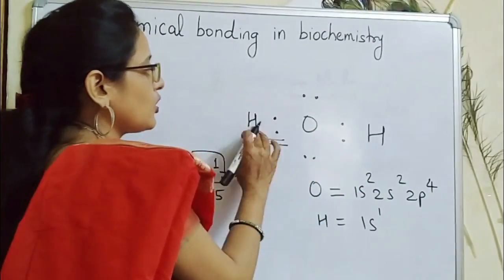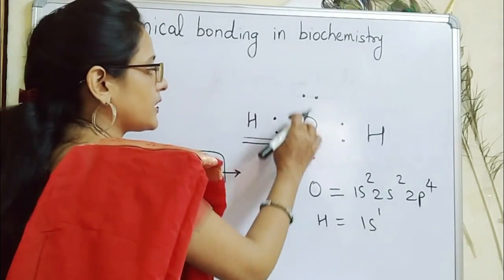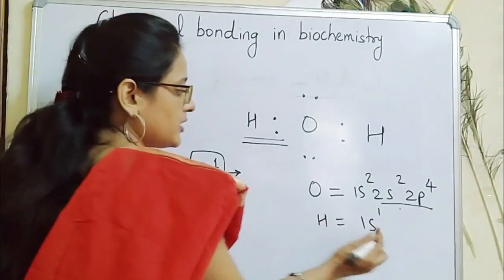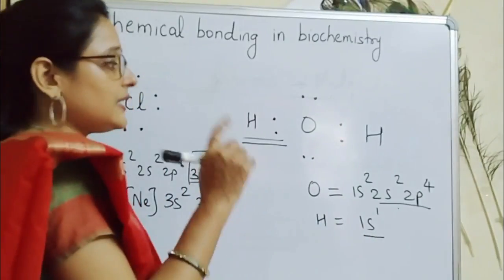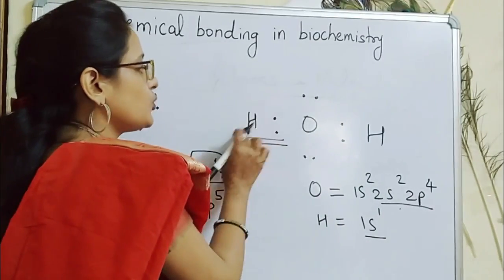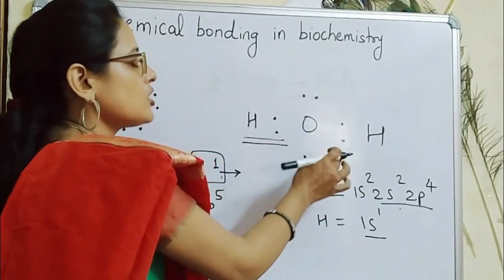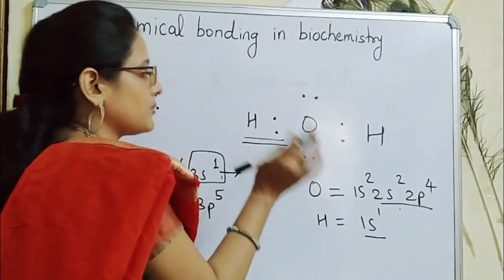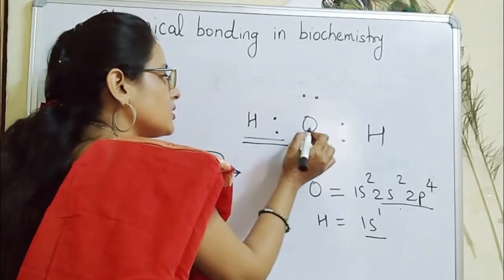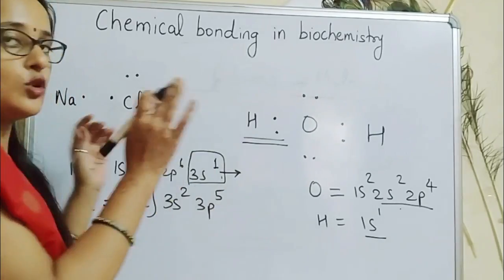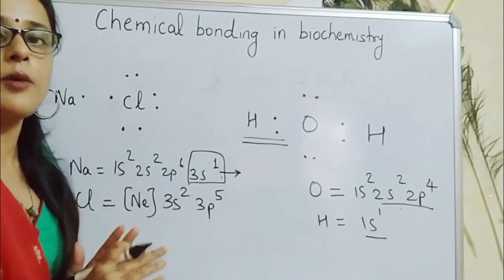And this oxygen, because of this sharing, has attained its octet, as it had 4 plus 2, 6. So it needed 2 electrons. Hydrogen had 1, so it needed 1 electron. Over here, it got 1 from this oxygen, and this hydrogen atom also got 1 electron from the oxygen atom. As a result, all 3 atoms have attained stability. They are converted into molecules because of chemical bonding.